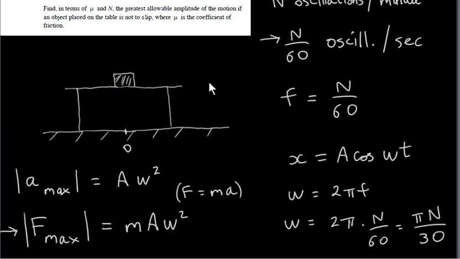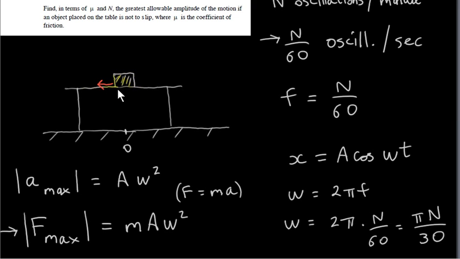When the table is moving to the right, the force of friction on the object is to the right, pushing the object to the right. When the table is moving to the left, the force of friction is pushing the object to the left. It's just the fact that the table isn't smooth, so the object interlocks with the surface of the table to some extent. So when the table moves, it pushes the object.